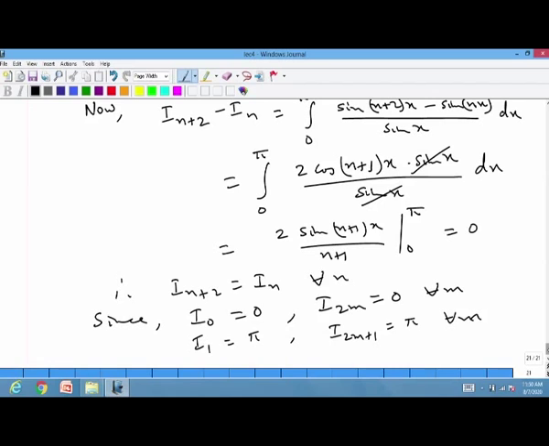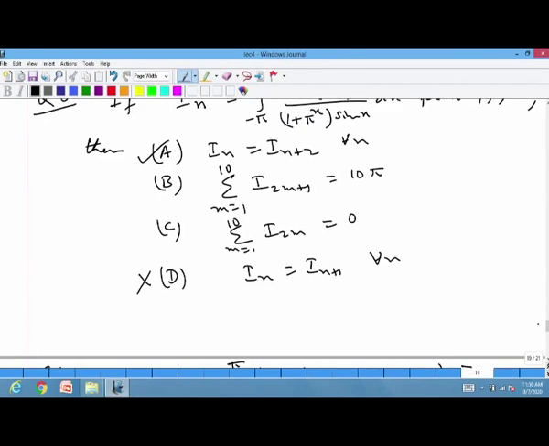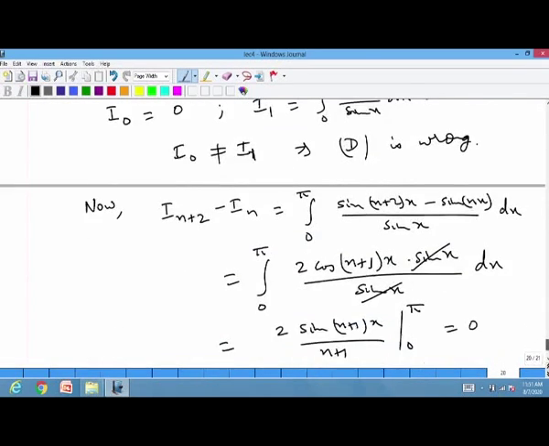Therefore, if we see option B, the summation of I_{2m+1} for m equal to 1 to 10, each I_{2m+1} is pi. So, this will give 10 pi. So, this is correct, and I_{2m} is 0 for all m. So, therefore, the sum is also 0. So, A, B and C are correct.